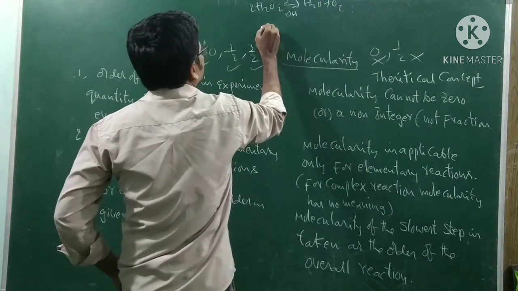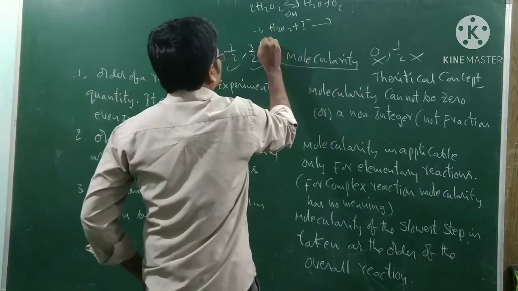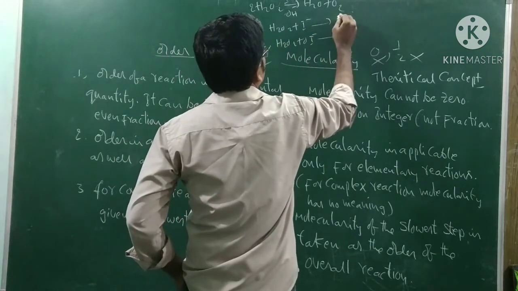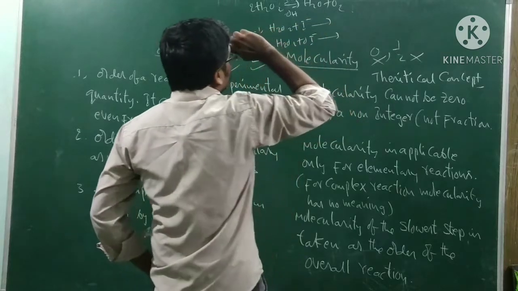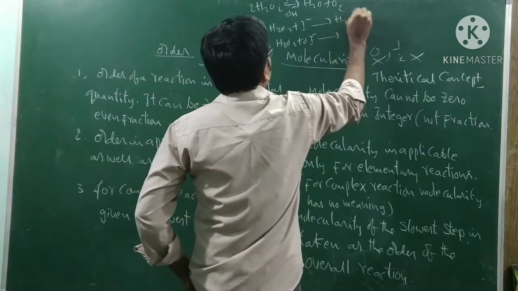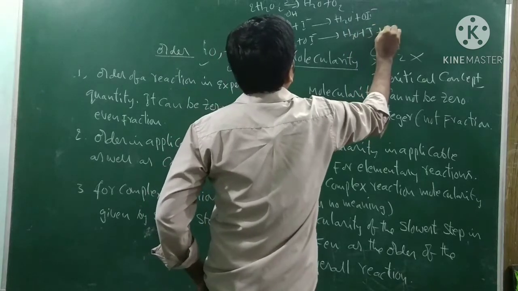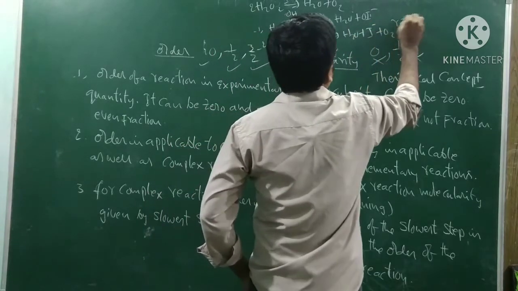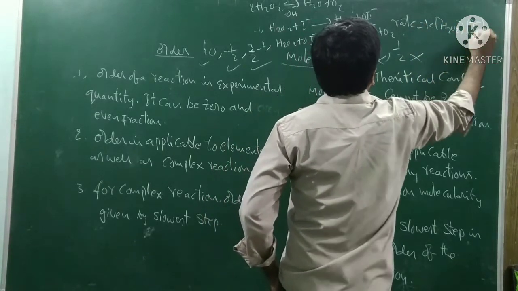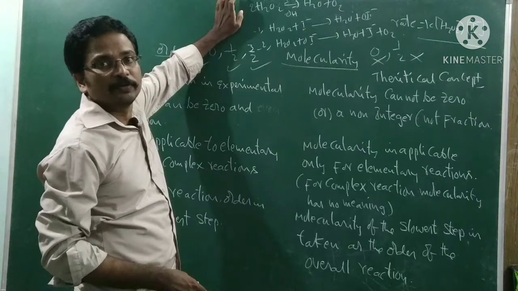In this reaction we know two steps, H2O2 with I minus and the next step with IO minus. The rate is given as k[H2O2][I minus].